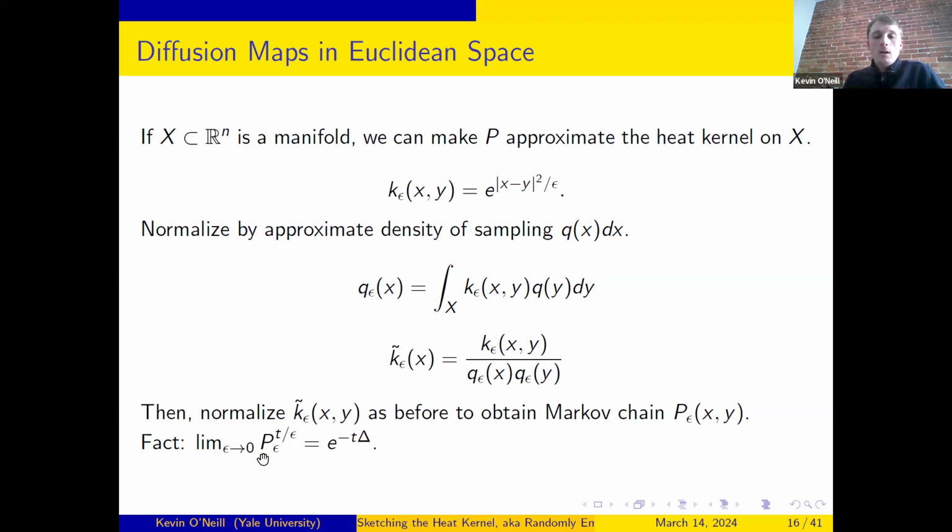You get a new kind of Markov chain P epsilon, and you take high powers of that, you approximate the heat kernel on the manifold. Okay. So this is also valuable in that sense. It's not just that you can do it for arbitrary diffusion, but you also recover a very particular and important Markov chain in the heat kernel.